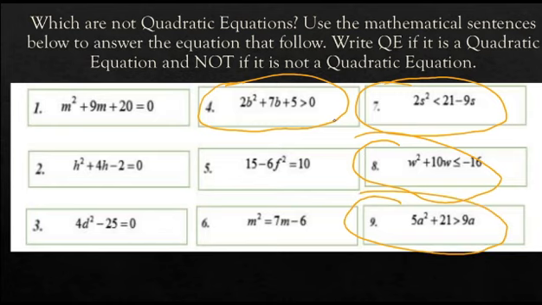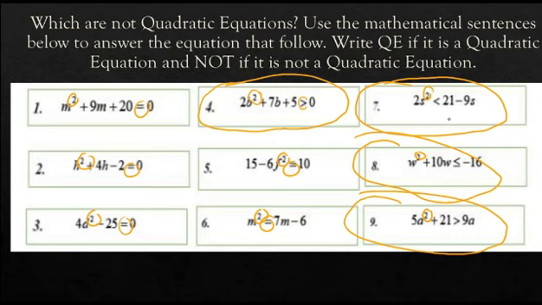So numbers 4, 7, 8, and 9 are not quadratic equation. And then the rest are all quadratic equations since their highest exponent are 2 and they are using equal sign. While the other 4, although their highest exponent are 2, they are not using equal sign.